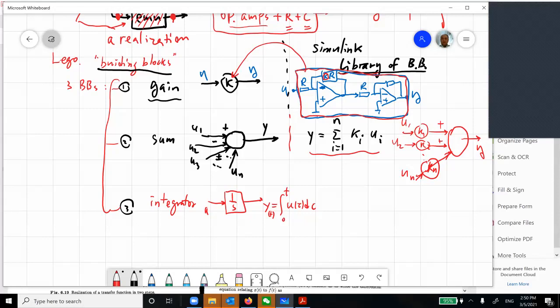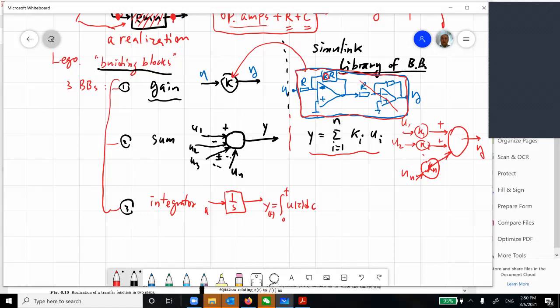So the gain actually is 2 Opamps, assuming it's positive. But if my K is negative, it's easier, you don't need this one. This is to invert the sign only.